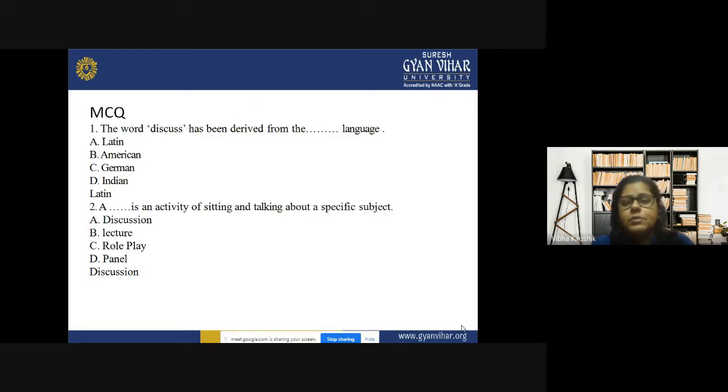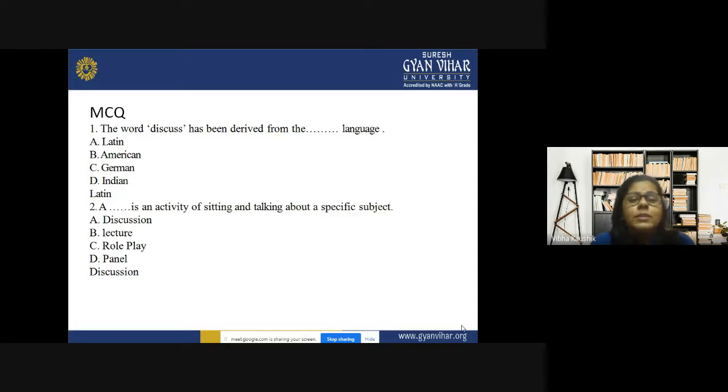Now let us discuss some MCQs, as MCQs are the best way to judge how much has been learned or how much knowledge has been gained by the particular individual or the learner.